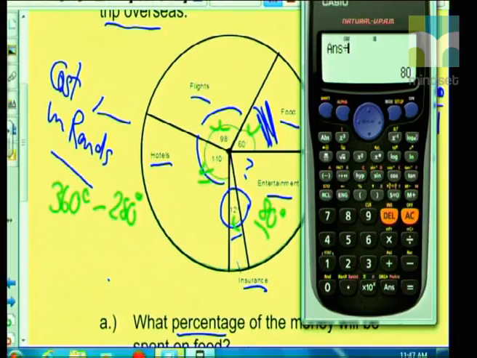Remember, we did something like that previously. We said 80 divided by 360, multiplied by 100 to give me the percentage, equals 22.22%. So I now know that entertainment is 22.22%. Very good.